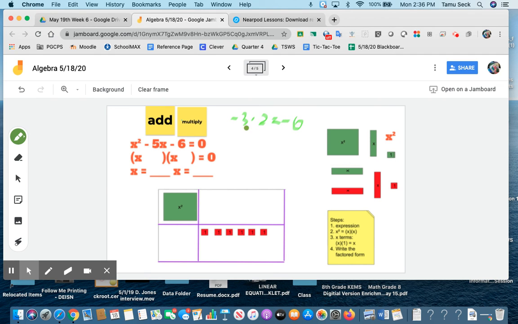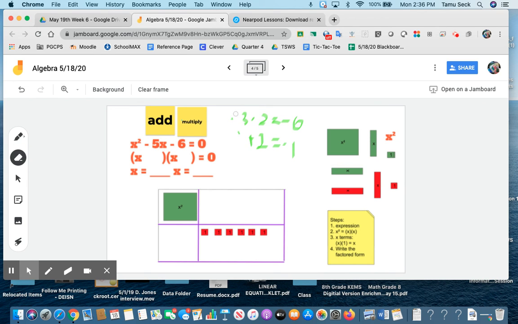But does -3 plus 2 add to -5? No. -3 plus 2 adds 1. So -3 and 2 are not solutions.